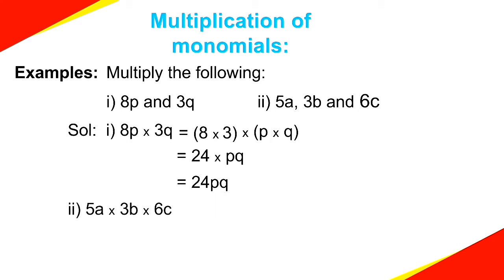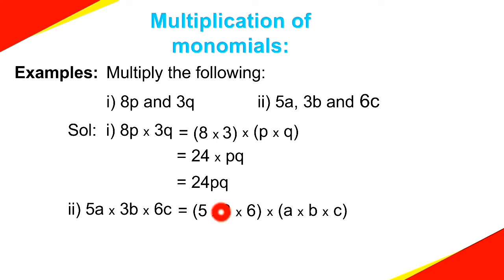Now we are going to the second one, that is 5a into 3b into 6c. What are the constant terms there? That is 5 into 3 into 6. Now what are the variables we have? That is a into b into c.